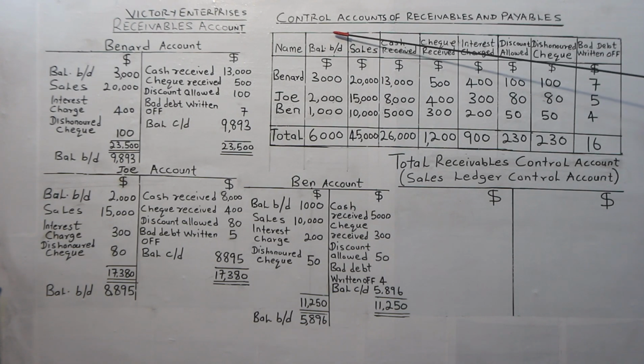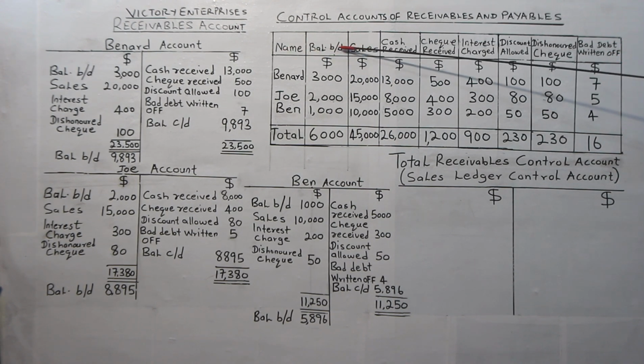So we have the table, we have name, balance brought down, sales, cash received, check received, interest charged, discount allowed, dishonored check, and bad debt written off.